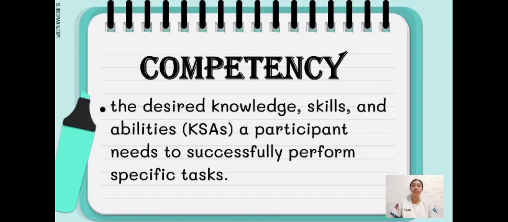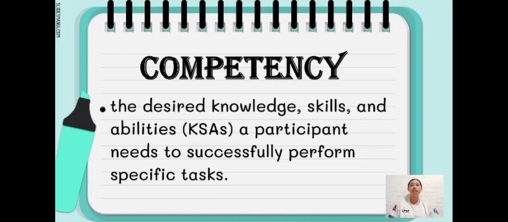Now, let us define what is competency. Competency is the desired knowledge, skills, and abilities, or KSAs, a participant needs to successfully perform specific tasks. So this refers to the specific competencies and attributes that someone referred to as a participant should possess in order to effectively and competently complete particular tasks or responsibilities.